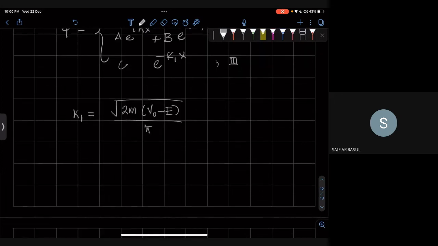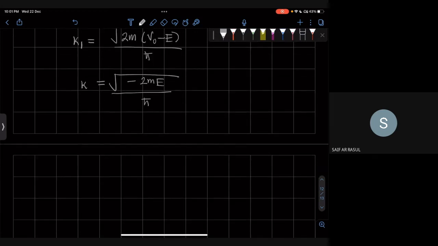And K is, the total energy is negative, right? So we are going to write this as the square root of 2m times E over H bar. Okay? Okay.